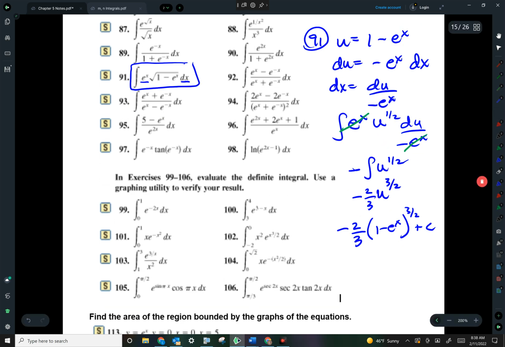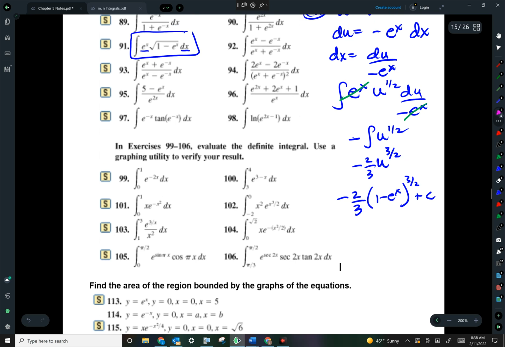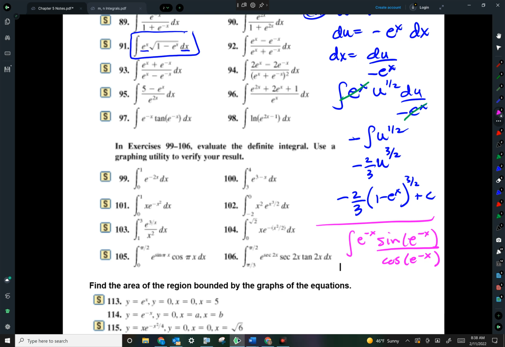So if I change it, I'm going to have the integral of, I don't know what to do with that first e to the negative x. I'll just leave it there for a minute. And then I have sine of e to the negative x over cosine of e to the negative x. That e to the negative x that was out in front, I kind of make it look like it's on top. I mean, I could move it to the bottom if I didn't want a negative exponent, but for now I'm just going to kind of leave it up there.